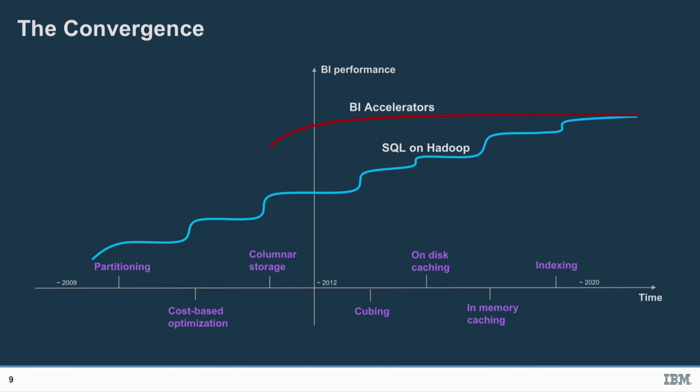That's what I tried to capture in the diagram there. Indexing is the one that SQL and Hadoop engines are not strong yet, but some of the BI accelerators are. I think that in the next 2-3 years, there will be a lot of progress in indexing on Hadoop data, which is not yet so mature.